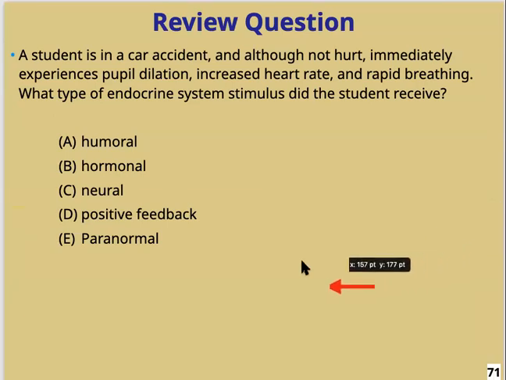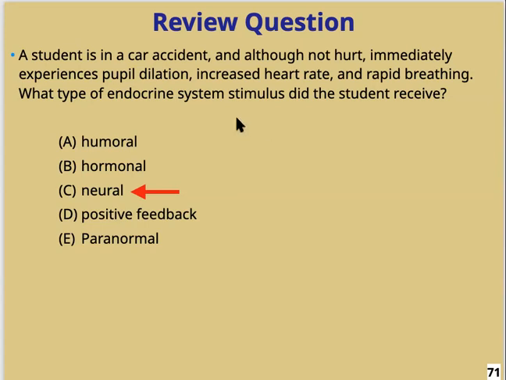The answer is C. How you should be thinking through this question is first recognizing that these are symptoms of the fight or flight response. And the fight or flight response is carried out through the autonomic nervous system.